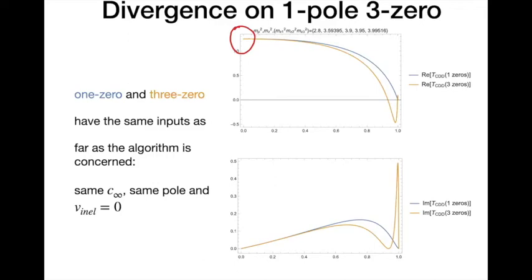Remember that 0 is mapped to infinity for S, so the real part goes to the same constant. They have the same bound states and the same inelasticity, which is 0. So in practice, they're both equally admissible solutions of the problem that we ask. Now we want to know how the algorithm chooses what it converges to.